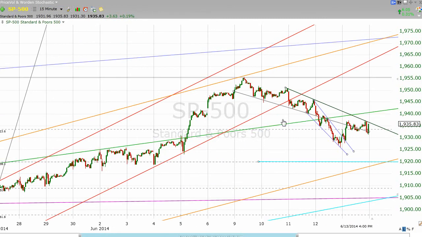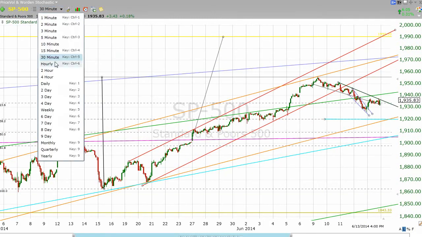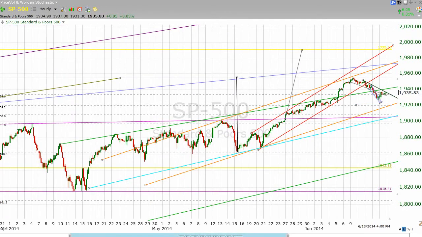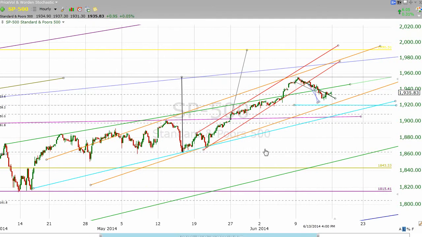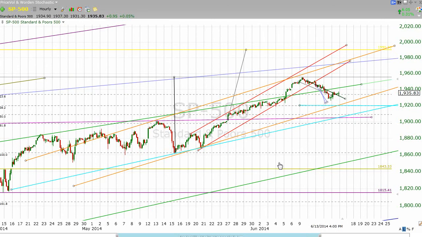So once we came down and broke this line right here, we figured we would probably be in for a few days of weakness. Now, one thing I did on the last video is I have put down another speculative, underline that word, I've put down another speculative channel. And these are these two orange lines right here.